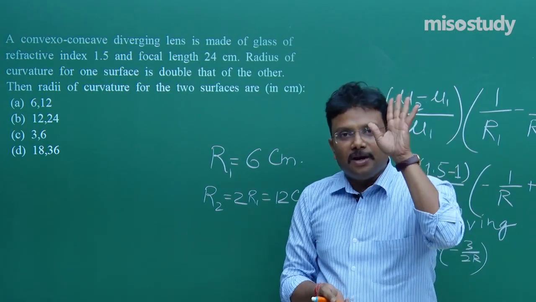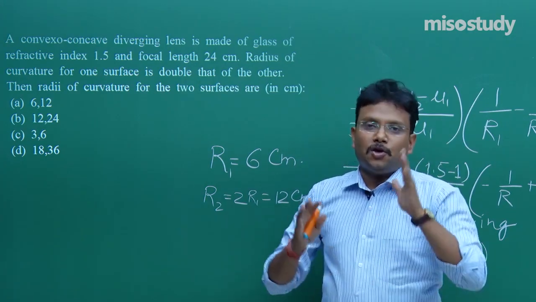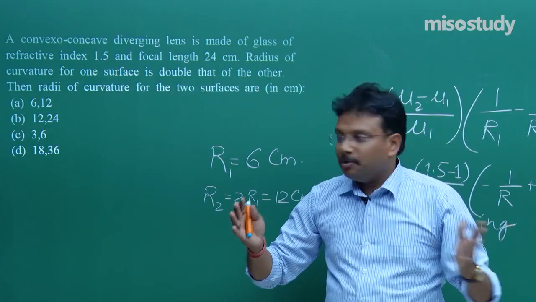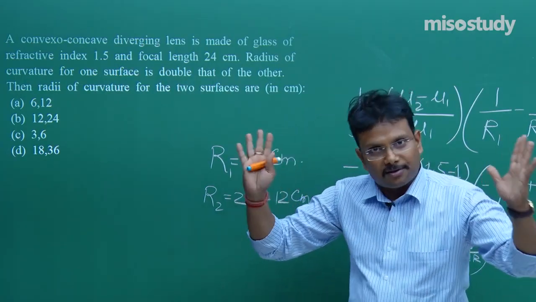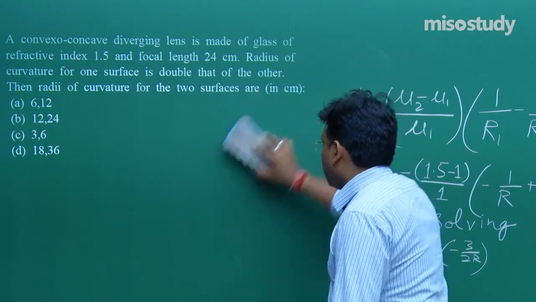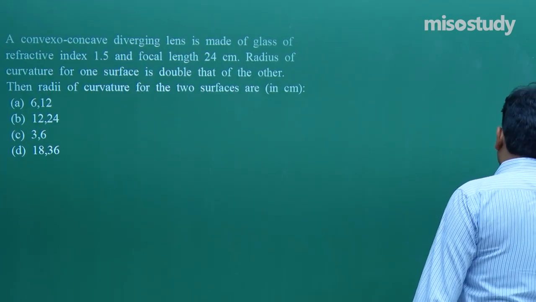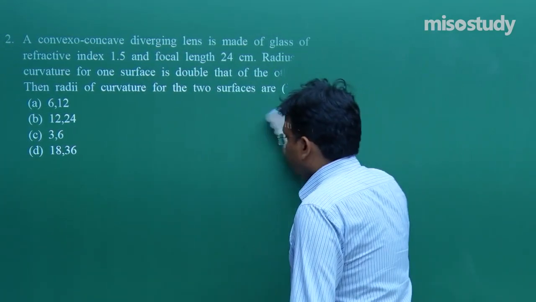If in physics concepts are clear, be sure you are going to pass this exam with flying colors. Conceptual clarity is of utmost importance. If concepts are not clear, then it is going to be difficult.